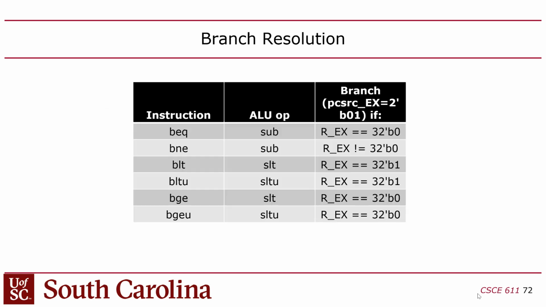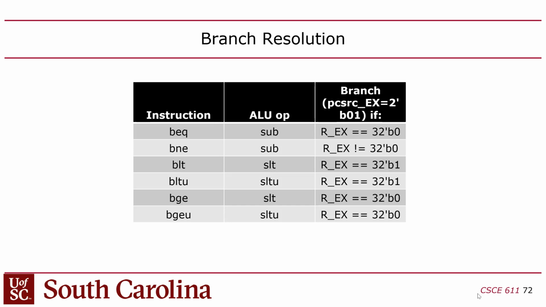Okay, so this table summarizes exactly what the various, there's 6 branch instructions. To give you some hints here, it tells you what the corresponding ALU op should be and what the logic is.